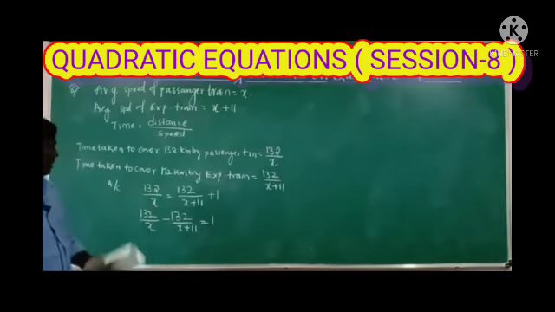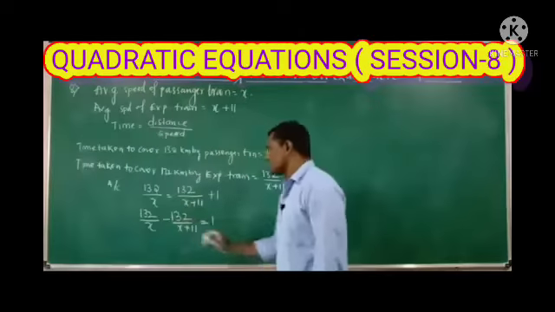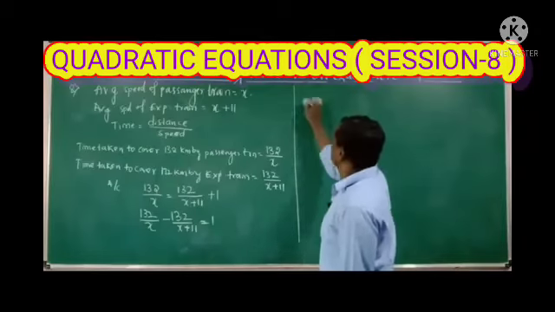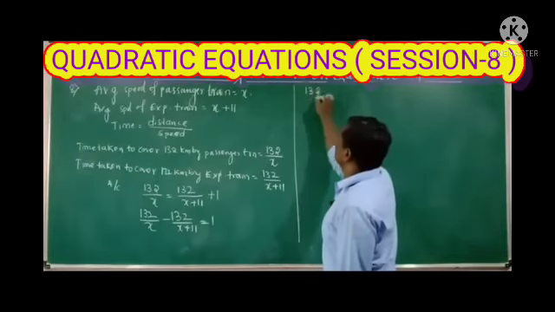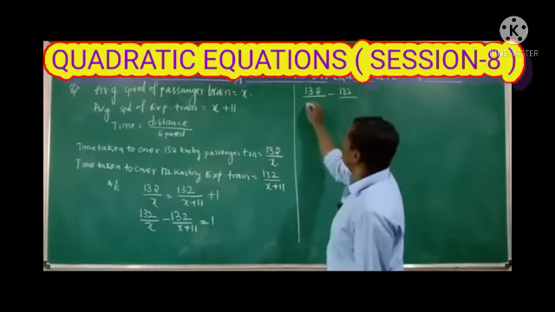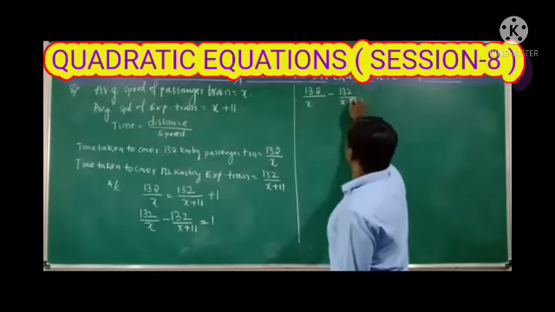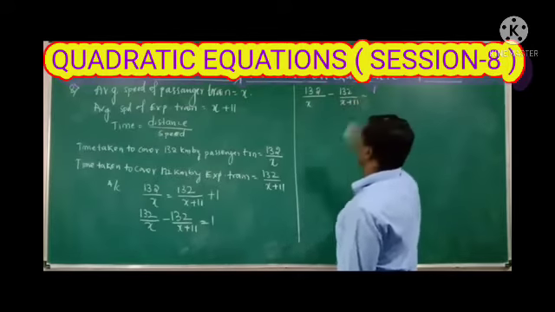Okay. Now here cross multiply, just take the LCM. What will you get as the LCM here? 132 minus 132, LCM is x plus 11, which is equal to 1, right?